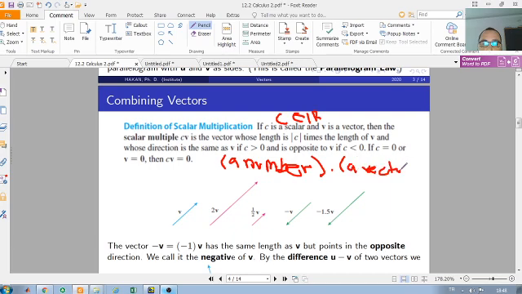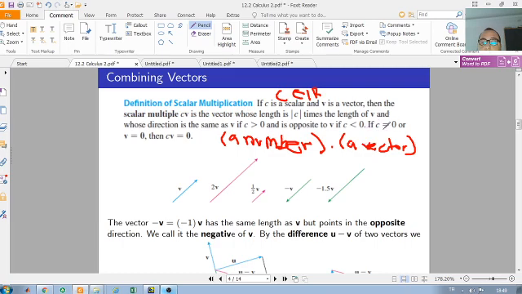It is defined as the vector whose length is the absolute value of c times the length of the vector v, and whose direction is the same as v if c is a positive number, or opposite to v if c is a negative number. If c is equal to 0 or the vector is the zero vector, then the scalar multiple is equal to the zero vector.